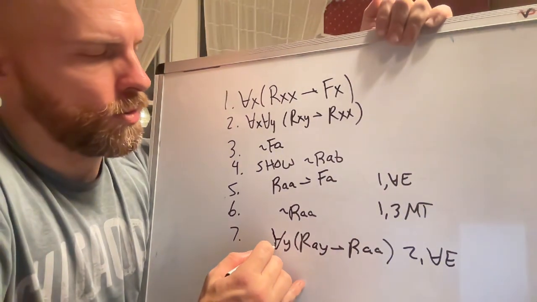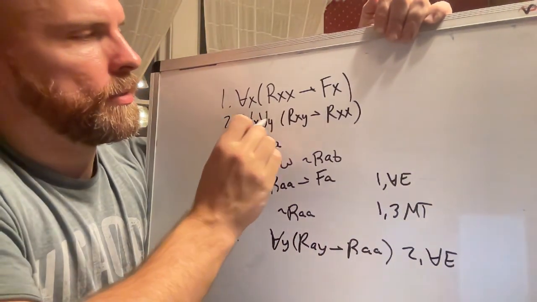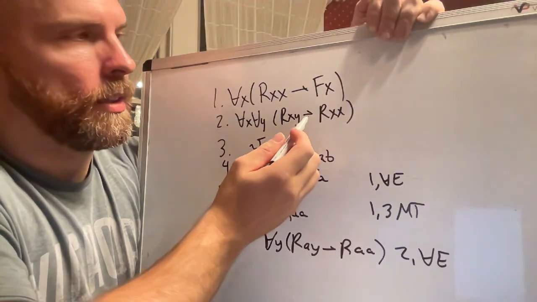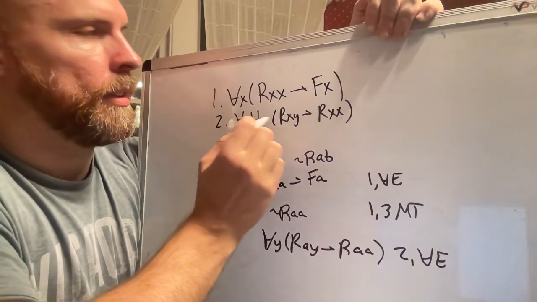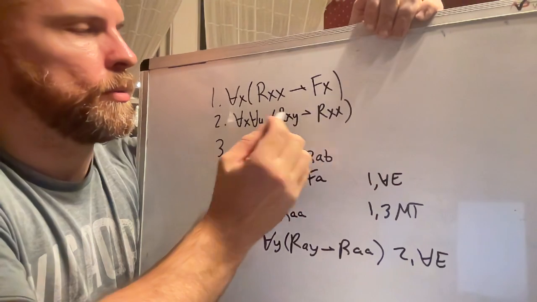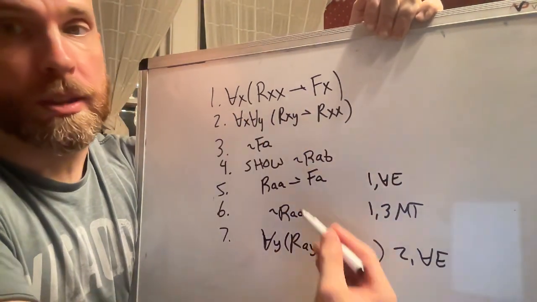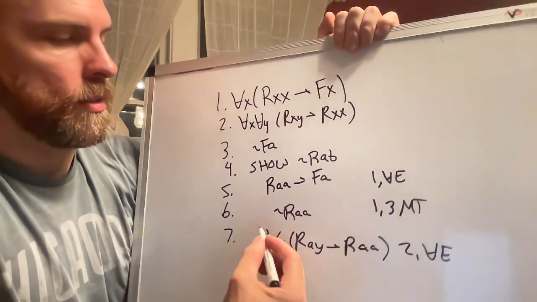Note what I did, I just dropped off the x, and you'll note Rxy, Rxx, so this x is binding that x and those two x's. This y is untouched. I just dropped off one of the quantifiers here.